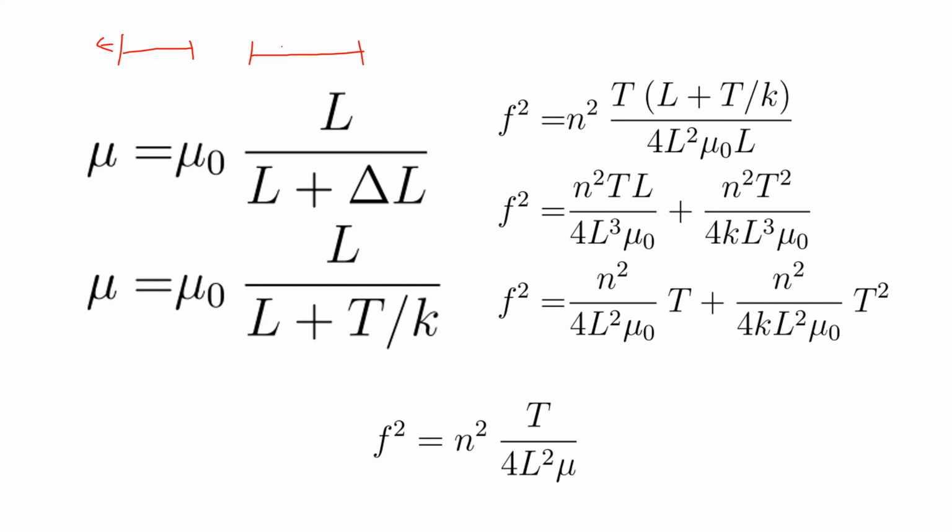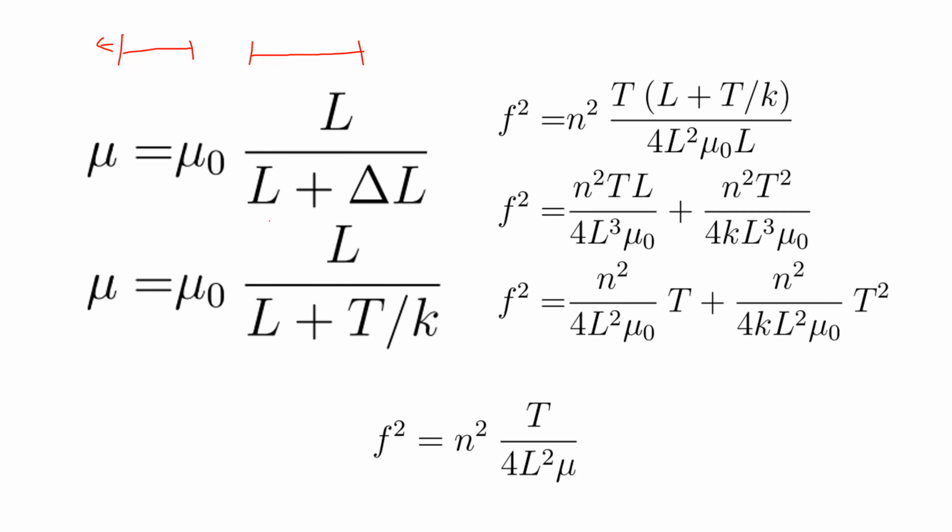So therefore, the linear density, as its mass didn't change, will be lower because it's the same mass over a different length. So therefore, the linear density is actually dependent on the tension. And here are the formulas that describe them.